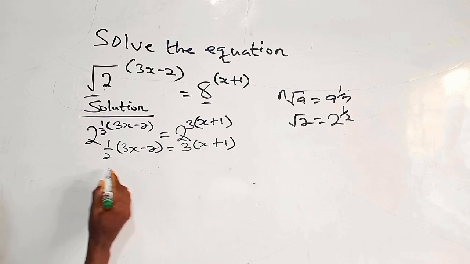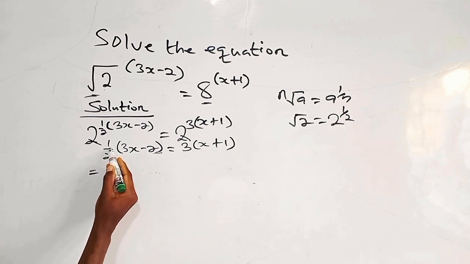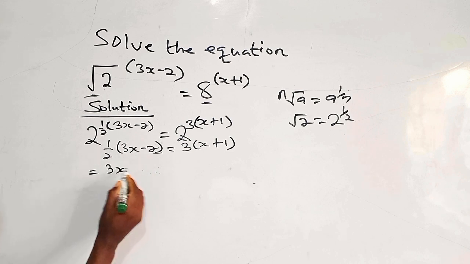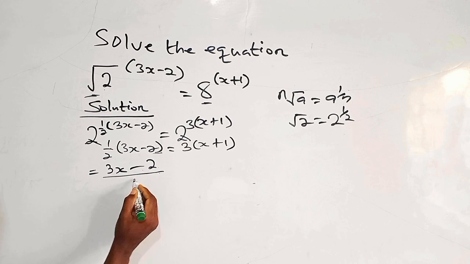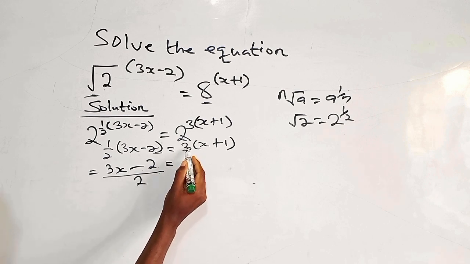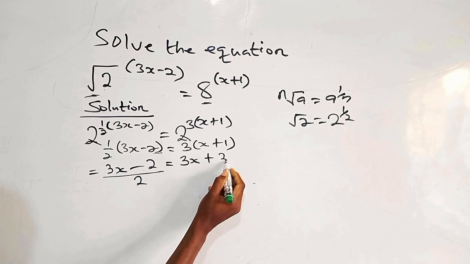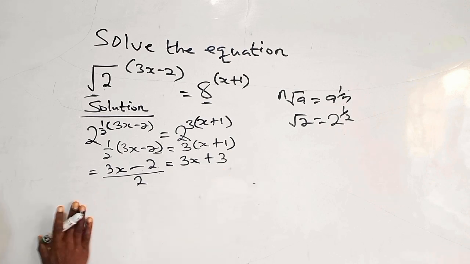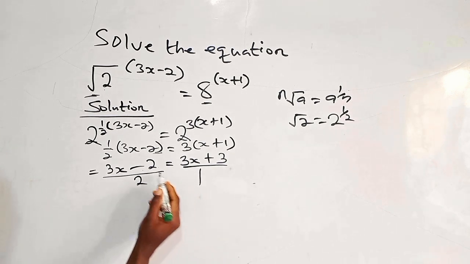Okay, so the next step, we can open up the brackets. So you have 1 times 3x to be 3x, minus 1 times 2 to be 2, divided by 2, equals 3 times x, that is 3x, and 3 times 1, we have that to be 3. Okay, so from here, because we have an equal sign, we can now cross multiply.